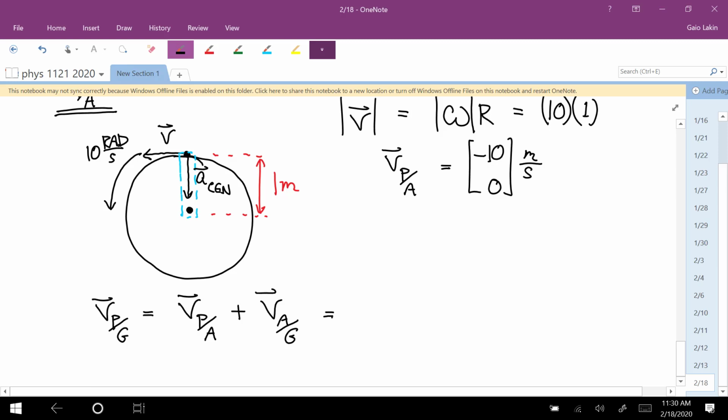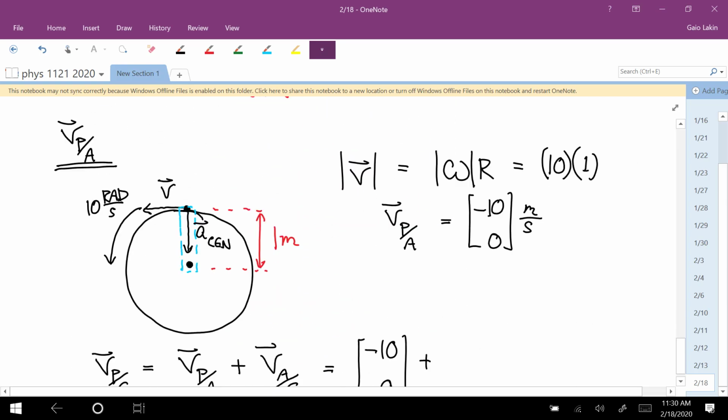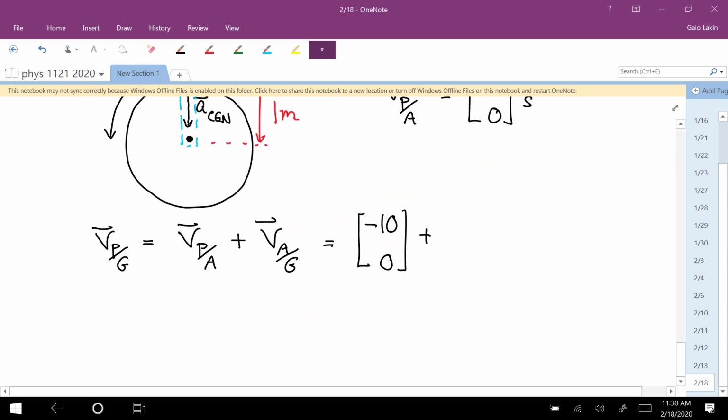Now we have both of these, so it's negative 10, 0, plus what we got in part A, 0, negative 10. So this vector is negative 10, negative 10 meters per second.